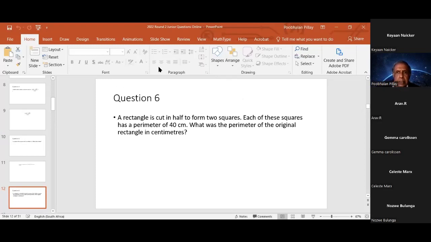All right, so that's a good indication of what that rectangle is. Let's draw a rectangle, and you want to cut it in half to make 2 squares. Each of these squares has perimeter 40.